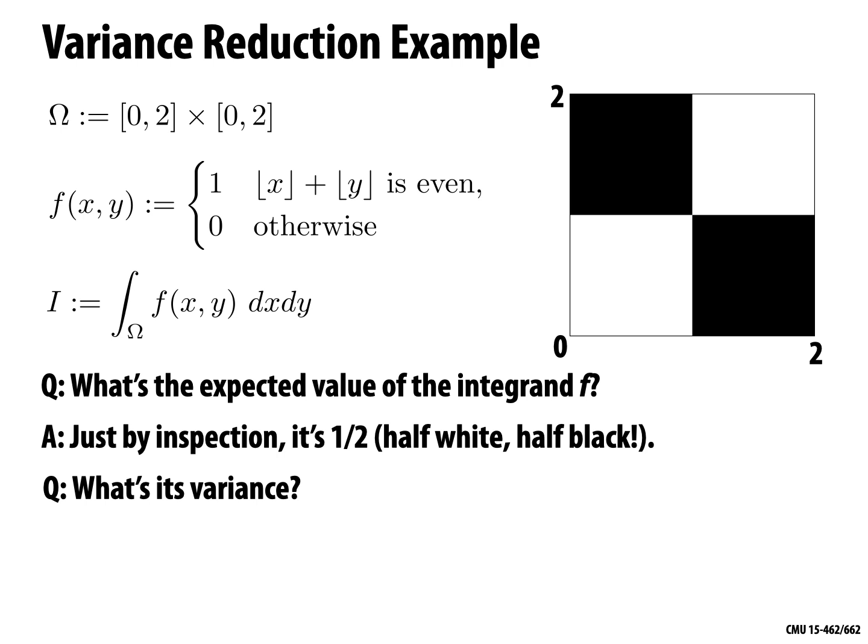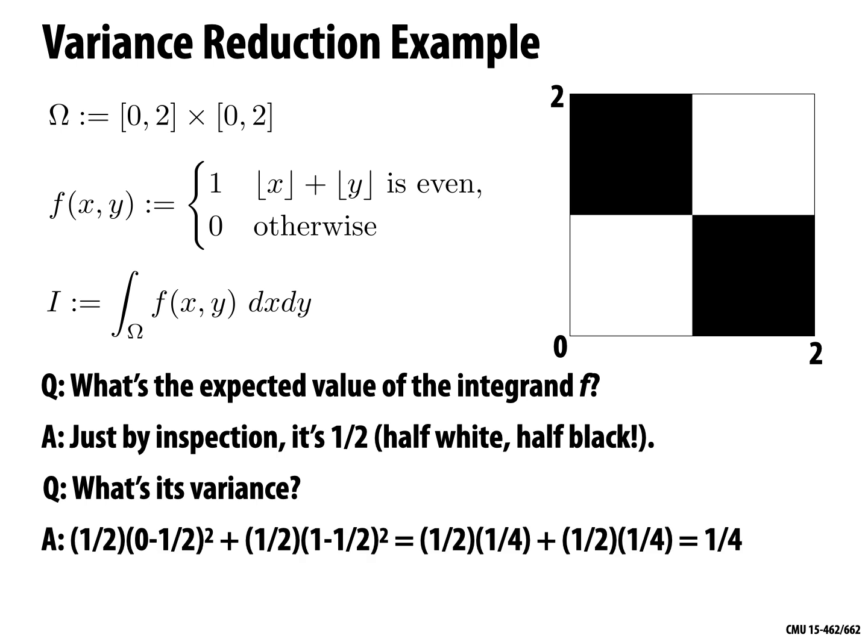But it's just a basic application of the formula we had on the earlier slide, which is to say we do 1/2, the probability of one event, times (0 minus 1/2) squared, the deviation from the expected value squared, plus 1/2, the probability of the other event, times (1 minus 1/2) squared. We work that through and we get a variance of 1/4.